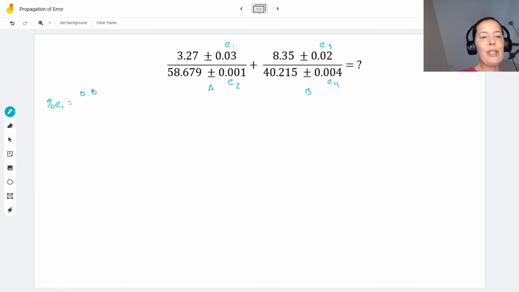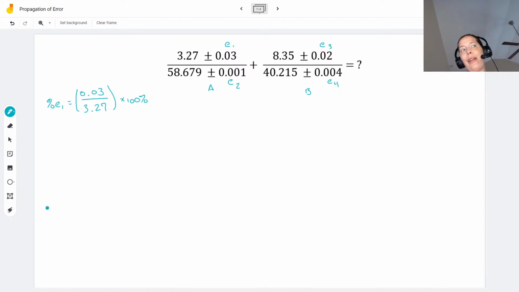I'm going to take my 0.03 and divide it by the magnitude of the measurement. Just to save a little space, this will give me my relative uncertainty, but I want my percent relative uncertainty, so I am going to go ahead and say times 100%. You can always break this up into two calculations if you want, or you can do it as one.